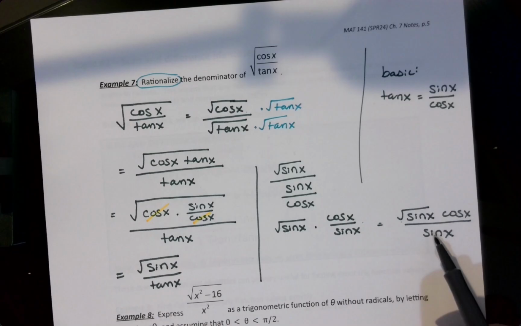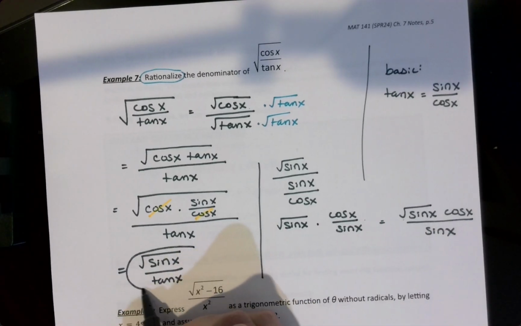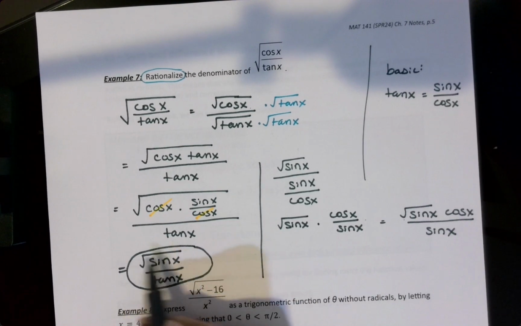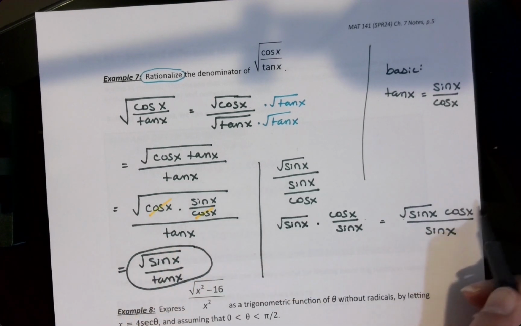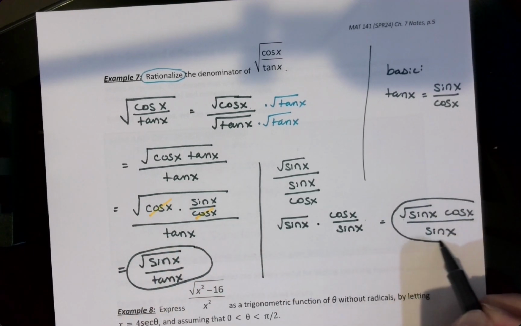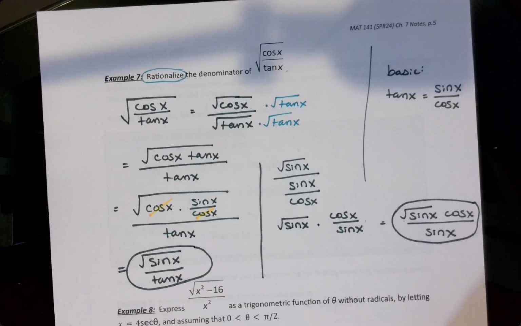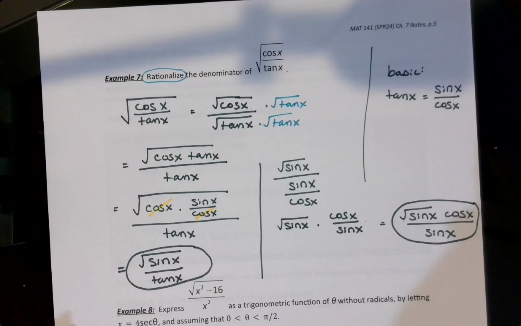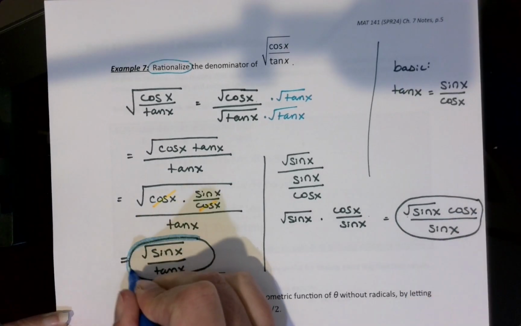And I would say that the one that is simpler is going to be the first one because it has fewer trigonometric functions. So we're going to end here. However, I'm going to get to the second one in a second. So this one here is simplified because it has fewest trig functions.